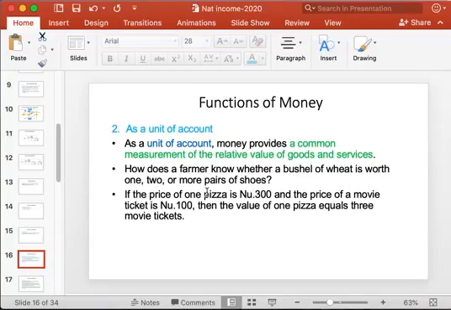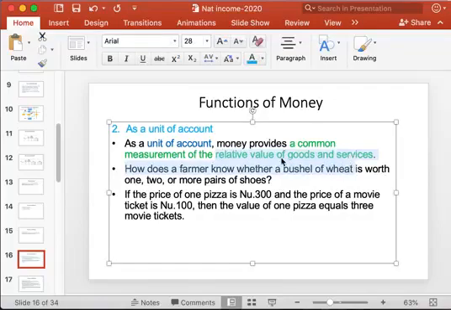Now to talk about the function of money as a unit of account. As a unit of account, money provides a common measure of the relative value of goods and services.